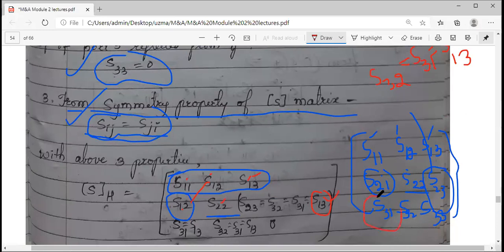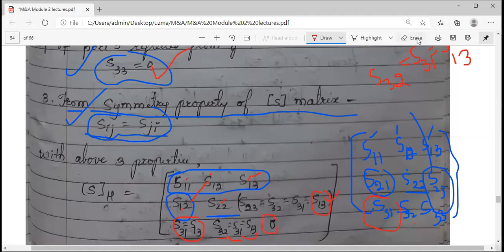Then I have S31. From the symmetric property, S31 is equal to S13. Then S32. What is S32 equal to? S32 is equal to S31 from the first characteristic. Then S13 from the symmetry, S31 equals S13, and you have S33 is equal to 0. The second characteristic we have listed, S33 is equal to 0.